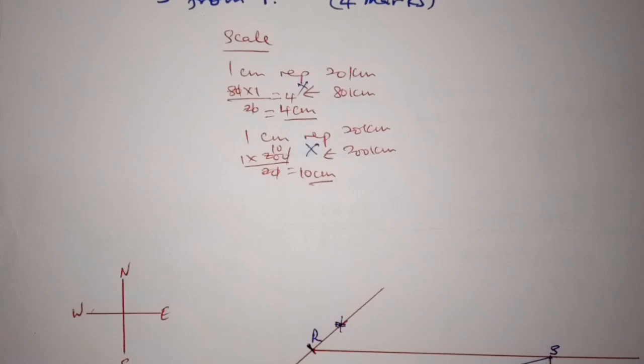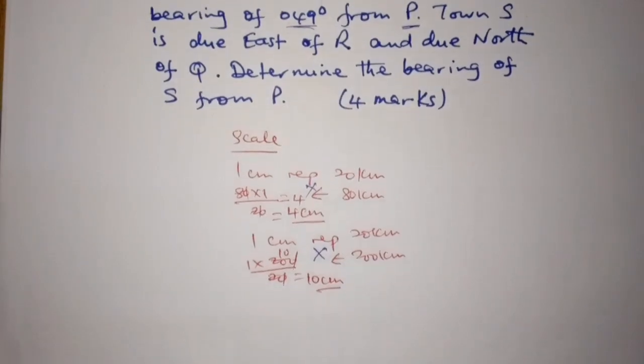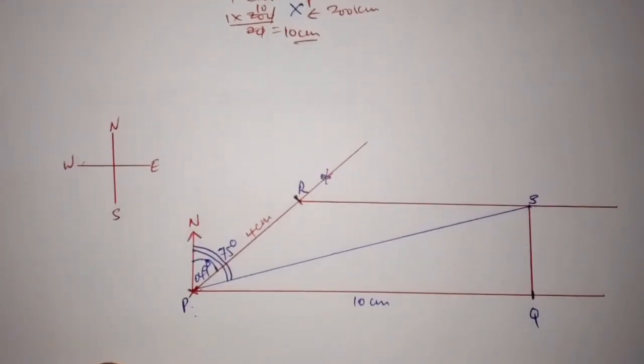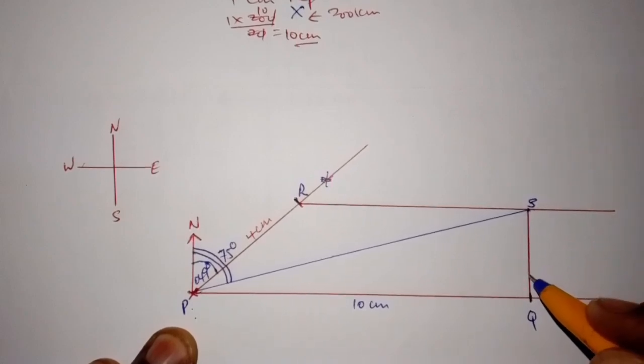Now, town P is 200 kilometers west of Q. So where is Q? Q is east of P. This is P, Q is here.